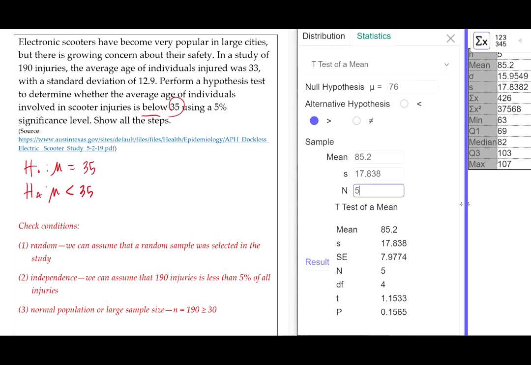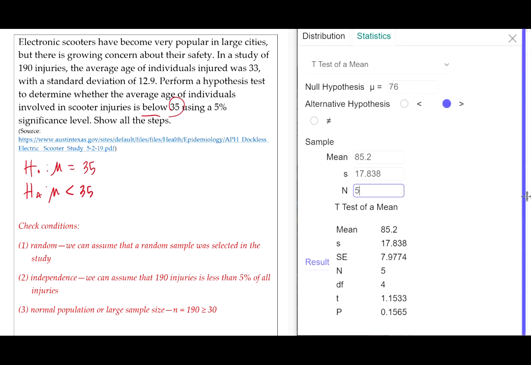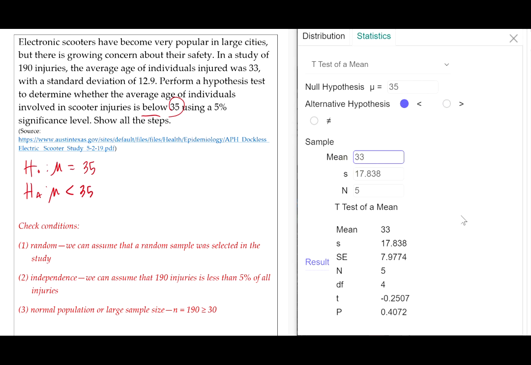We can then compute the test statistic and the p-value using our probability calculator. Our claimed value in this hypothesis test is 35, and I'm going to highlight the less than symbol for our alternative hypothesis. We were told that the mean was 33, the standard deviation was 12.9, and our sample size is 190.